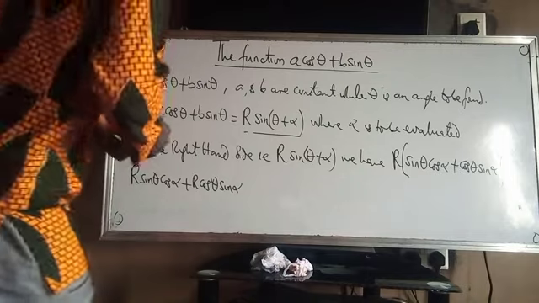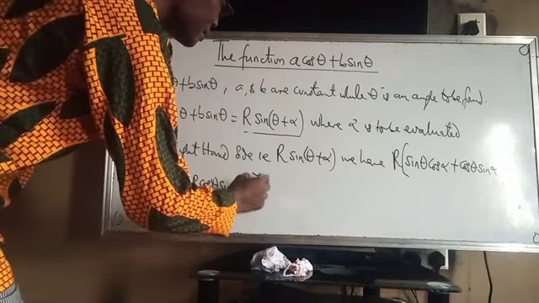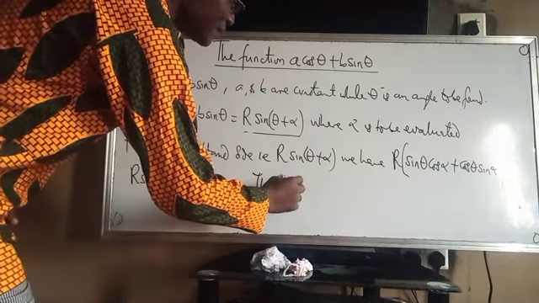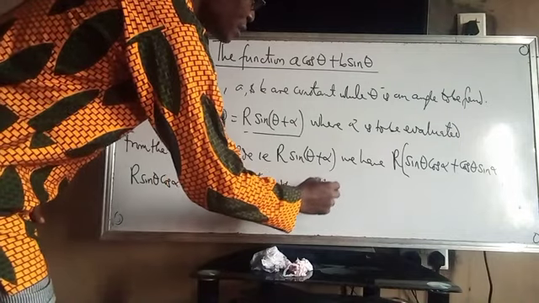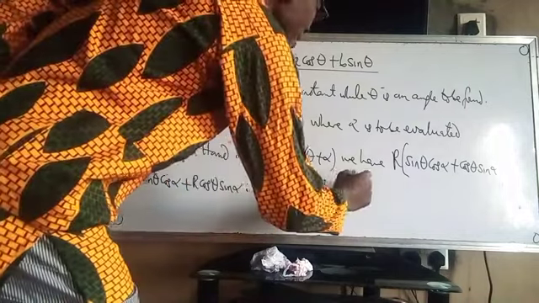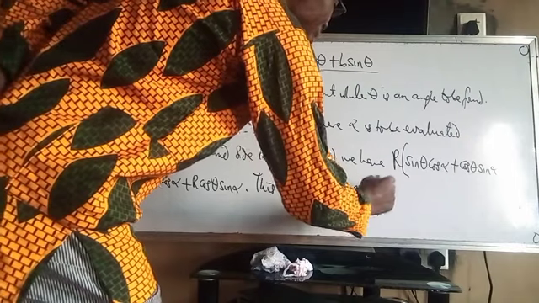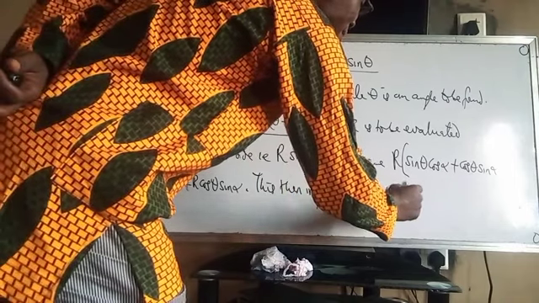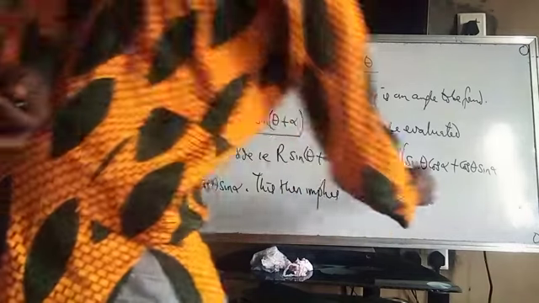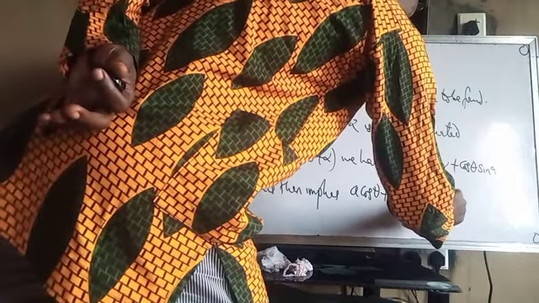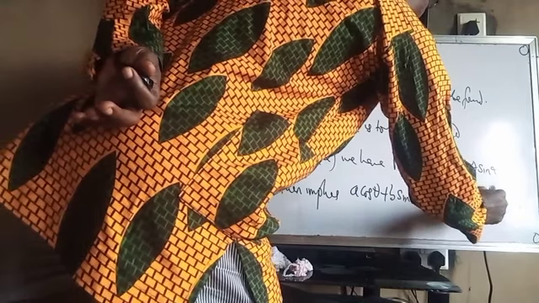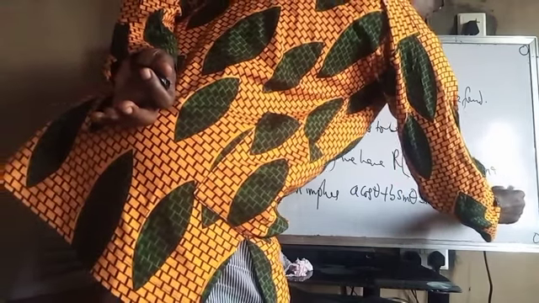Which implies that a cos theta plus b sin theta is now equal to r sin theta cos alpha plus r cos theta sin alpha.